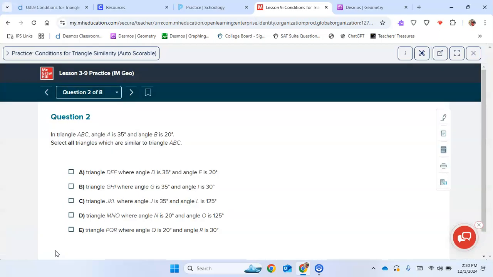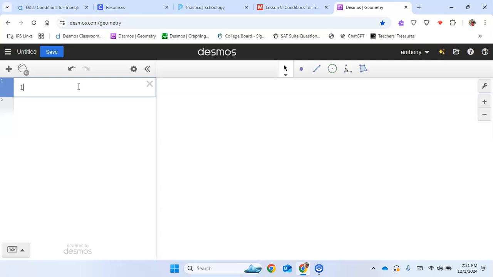Question 2. In triangle ABC, angle A is 35 degrees and angle B is 20 degrees. Select all triangles which are similar to ABC. The triangle sum is 180, and one of the angles was 20 and the other was 35. So that would make the third angle 125.